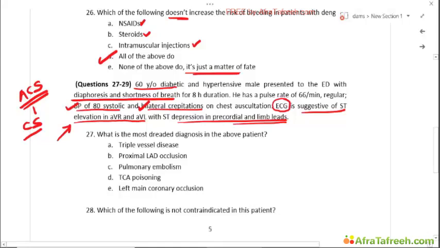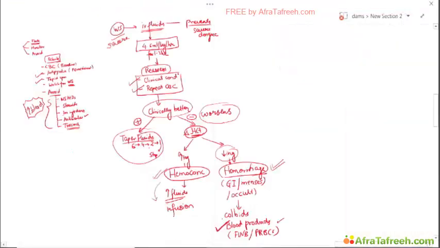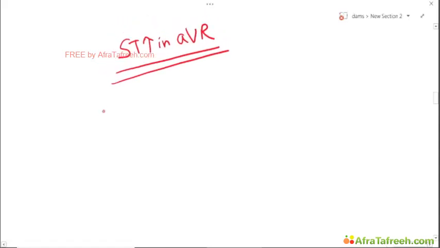Okay, so the AVR is the lead which is commonly overlooked, I would say, right? So ST elevation in lead AVR has important differentials. The most important of which is left main coronary artery occlusion.